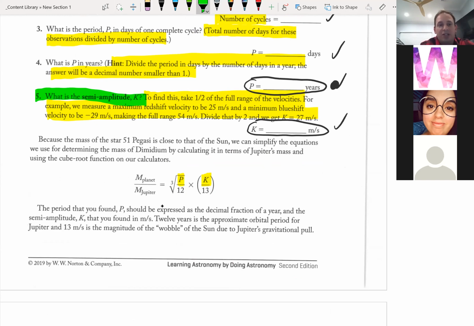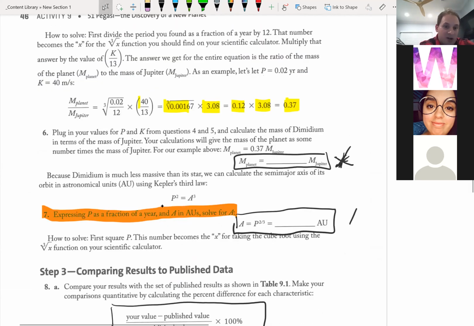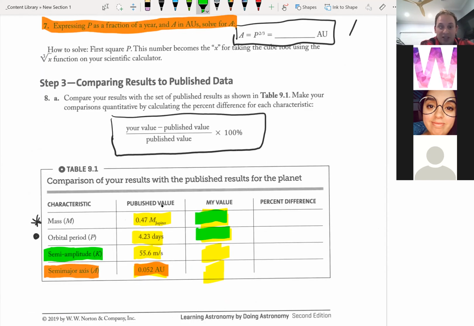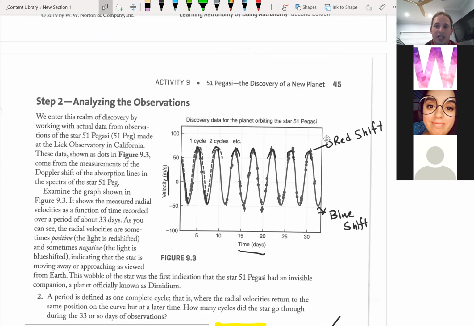And you could see right away, if your answer is way off from these published answers, go right back and redo it, retry the problem, and see where you made your mistake. And if you've been staring at it for 20 minutes and you can't figure it out, email me and I'll point you in the right direction. Okay, anything else, guys?